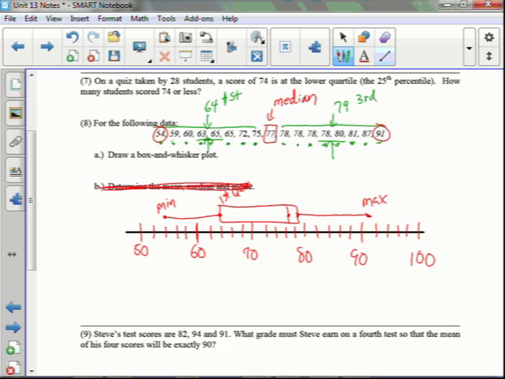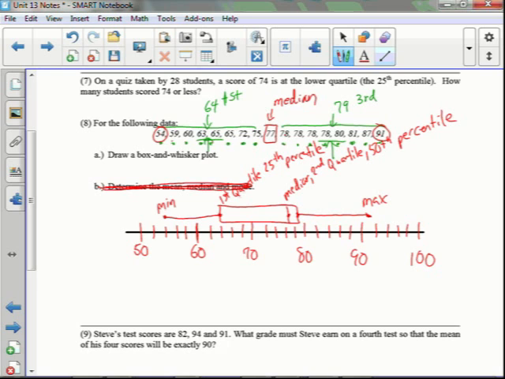Now sometimes you'll see this called the 25th percentile. This is the median, also known as the second quartile, or the 50th percentile. Getting a lot of writing here.